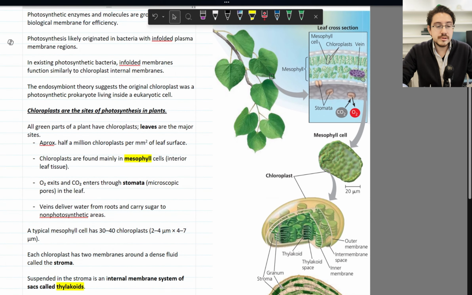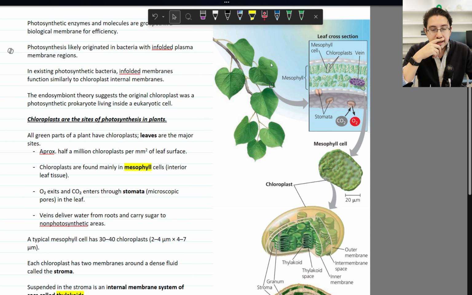If you were to zoom into the leaves, the leaves have particular sections and tissues that you do need to know and familiarize yourself with. If you take a look at this diagram here, you have a leaf, and in this little cross section of the leaf, you see there are different layers.